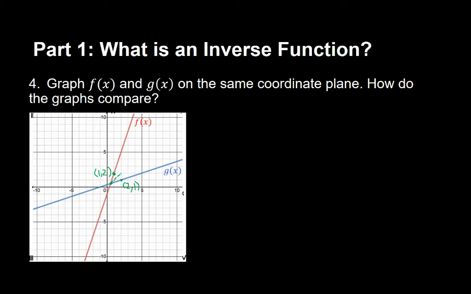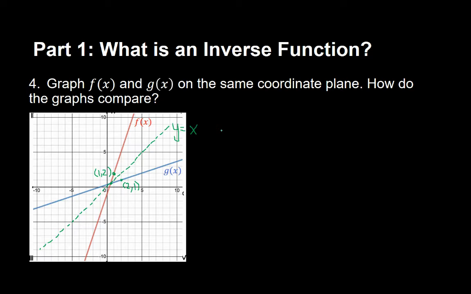And then because the x's and y's are switched, I'm trying to draw a straight line. If you reflect f of x over this line, which is the line y equals x, you get g of x. So these functions are called inverse functions. And there's a few things that happen with inverse functions.